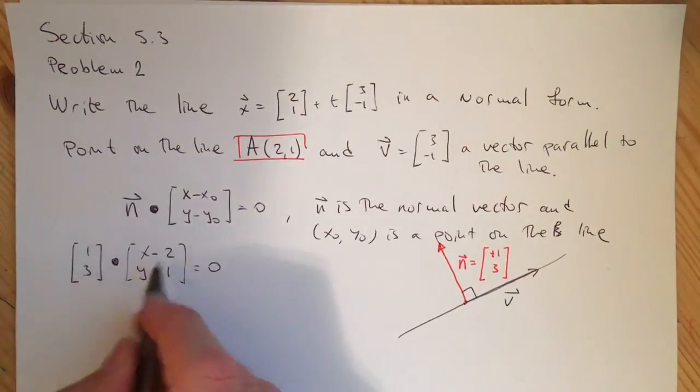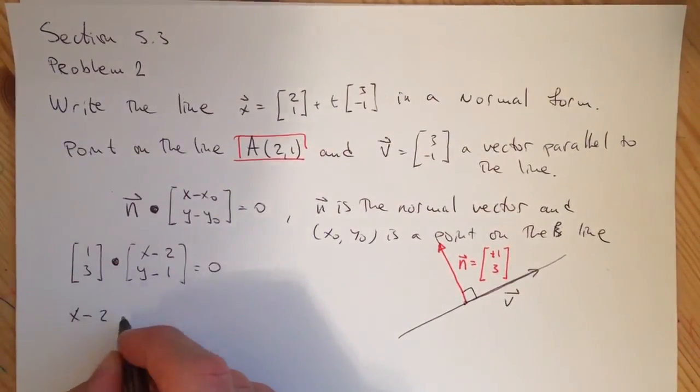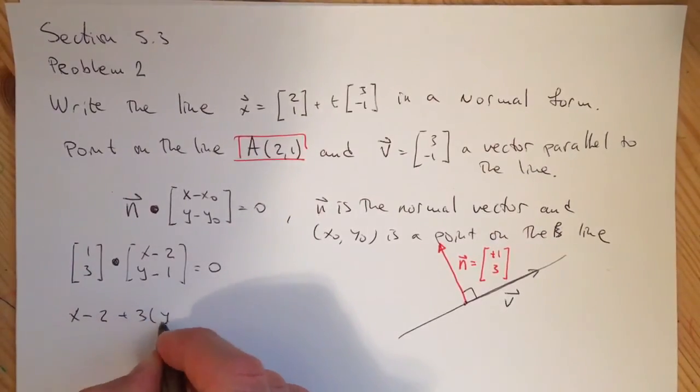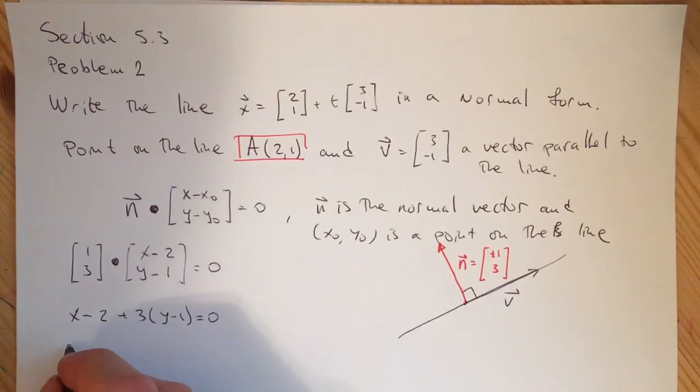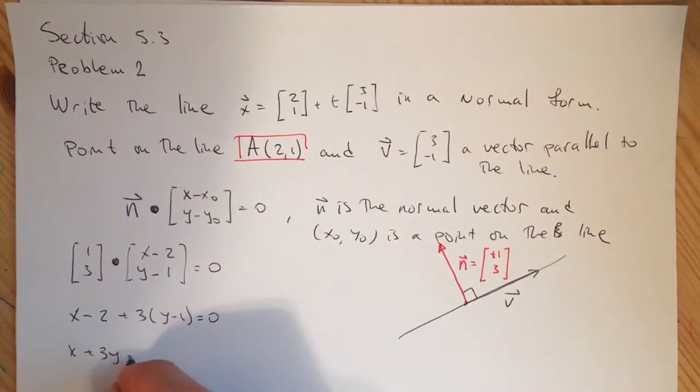Evaluate this dot product. 1 times x minus 2 is x minus 2, plus 3 times y minus 1 is equal to 0. And that's x plus 3y is equal to 2 plus 3, which is 5.